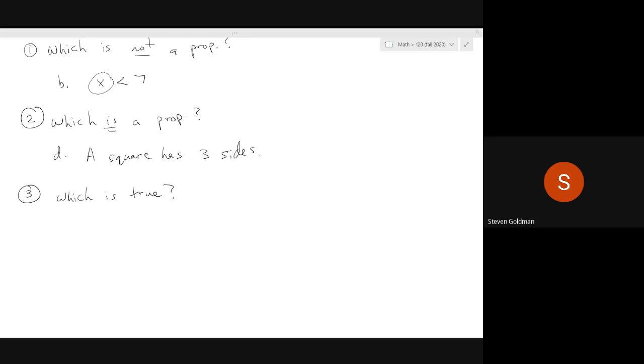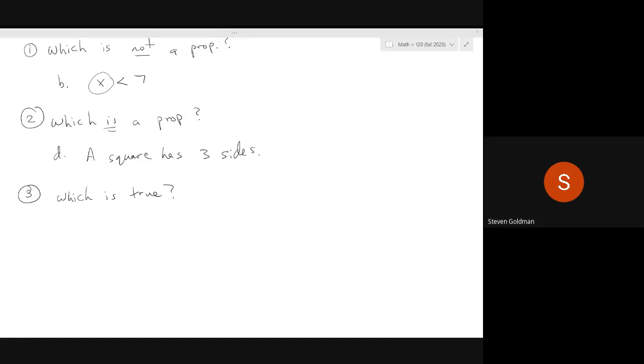For the first choice, 2 plus 2 equals 4 is true, and 1 plus 1 equals 3 is false. Since the hypothesis is true and the conclusion is false, the statement is false. So A is false.